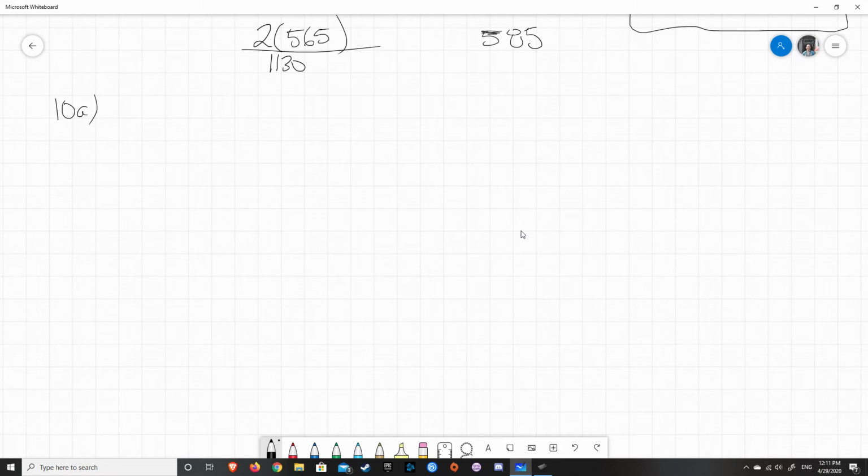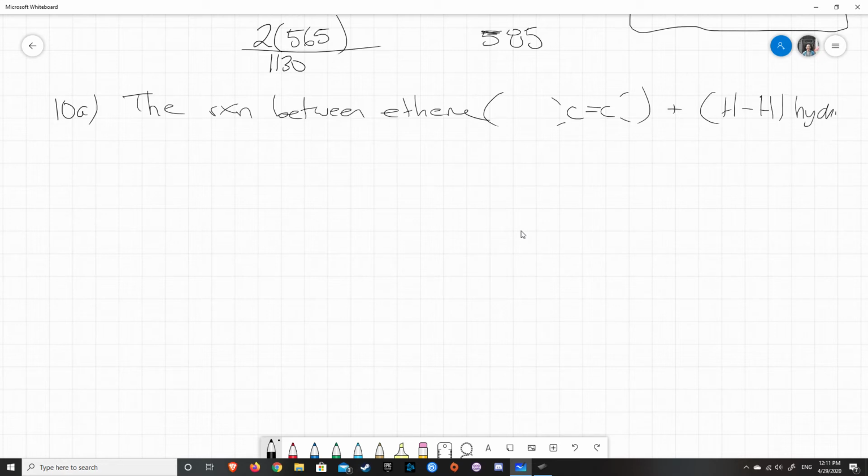It says the reaction between ethene, which we draw like this, and hydrogen is exothermic. So 10A says write the reaction for this.